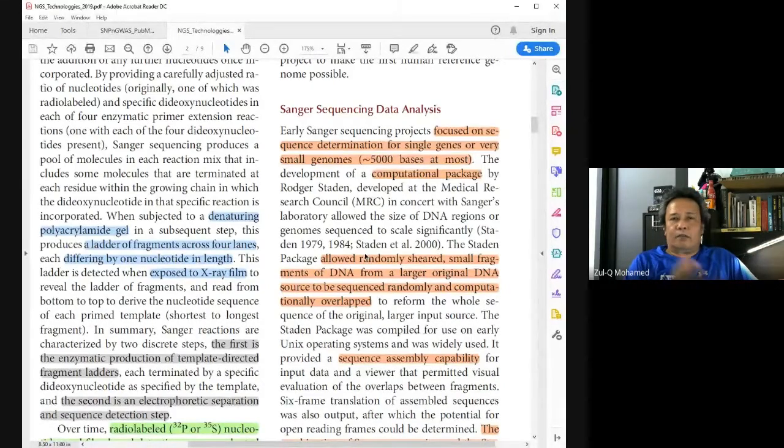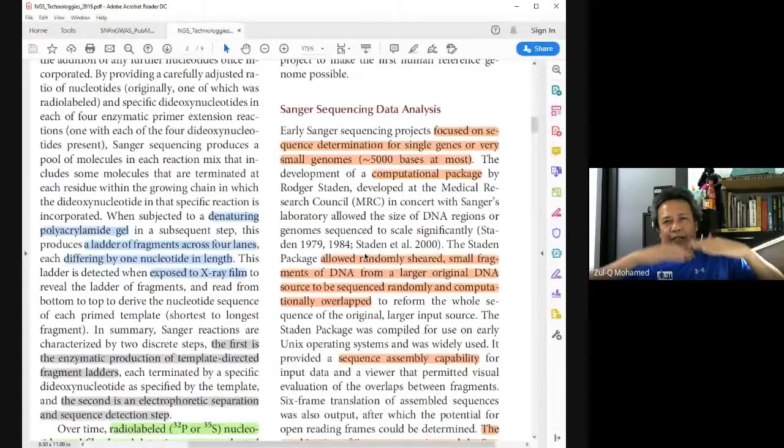So the limitation of Sanger sequencing is the length, right? Normally in a typical run, even now, we limit it to about 1,000 or 2,000, mostly 1,000 or less, unless you're doing genome sequencing.